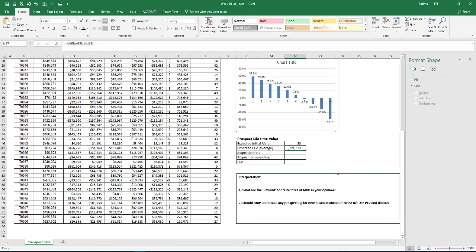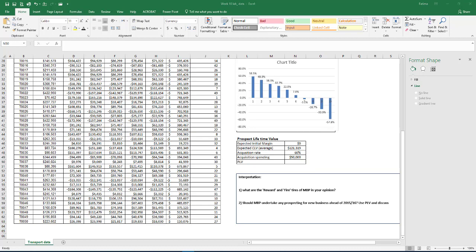And then the acquisition rate that we are given, I think it was 60%, and the acquisition spending, it was 50,000. So these are the requirements to calculate the PLV.